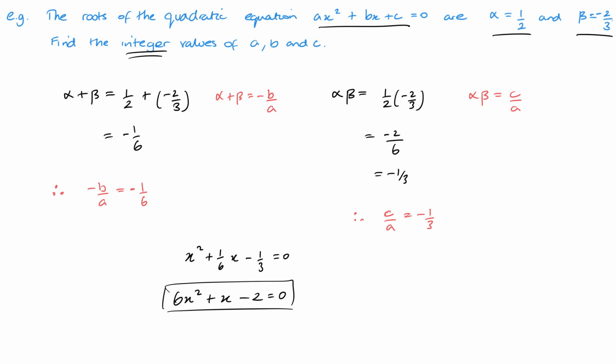Now some of you might be thinking, oh, that's a little bit confusing, why has he jumped in with the 1/6 there and the minus 1/3 there? Well, what I've done on this one, and I'll show you in purple, is I've just thought of this: ax squared plus bx plus c equals 0.